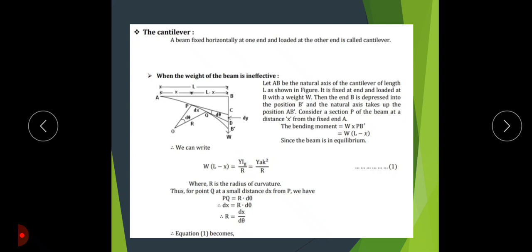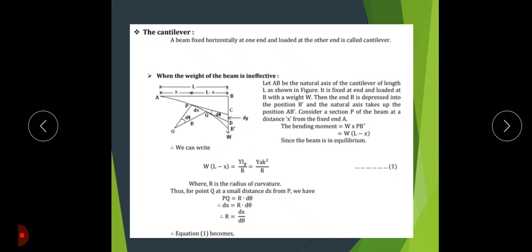Here capital Y is the Young's modulus for the material of the beam. Also, Y Ig equals Y A K square, which is the flexural rigidity of the beam, already studied in the previous section.